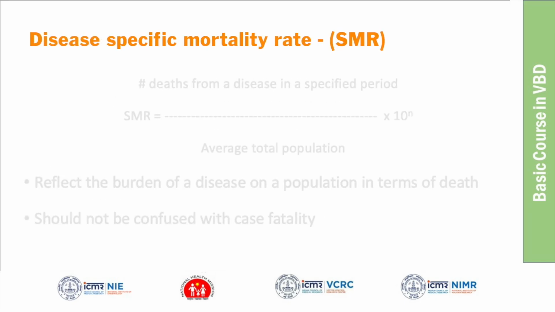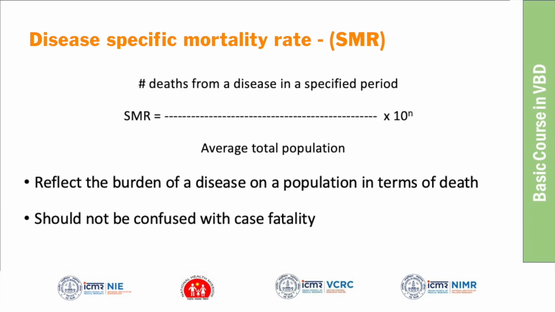Another measure of how you measure death is disease-specific mortality rate. Out of the total population at any given time point, what is the number of deaths from a specific disease? Let's say, how many individuals died from cardiovascular disease during a specified period divided by total population at risk. That gives you disease-specific mortality rate. This gives you an indication of how much the burden of disease is on the population.